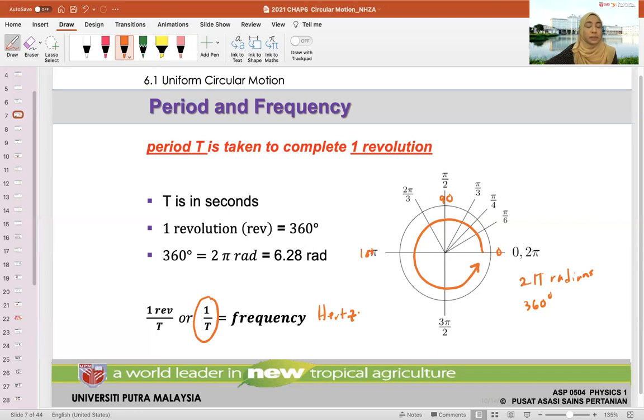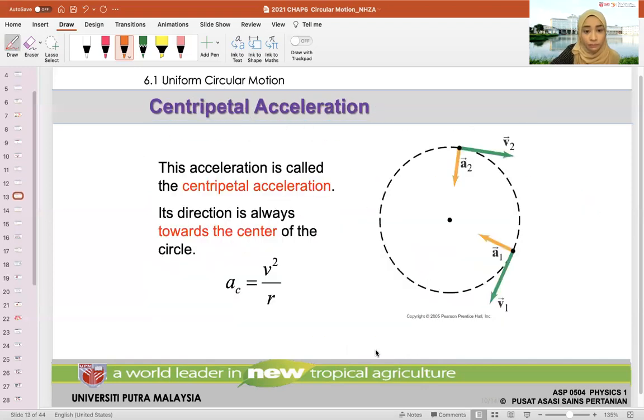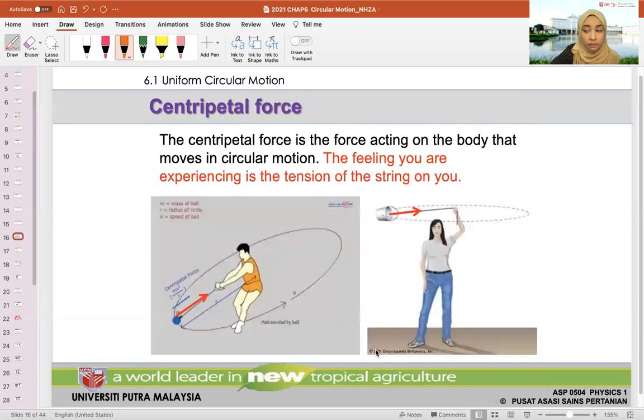Okay, frequency is typically hertz, and we can convert frequency to other units such as CPS and also RPM. This is cycle per second. This is revolution per minute. Ini kena tahu. Ini kena tahu macam mana nak convert. Alright, so let's continue with the example.